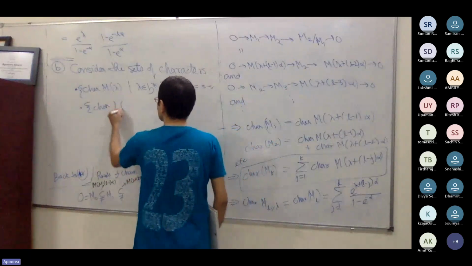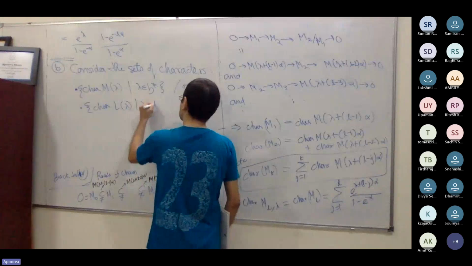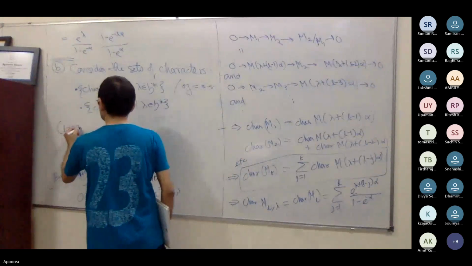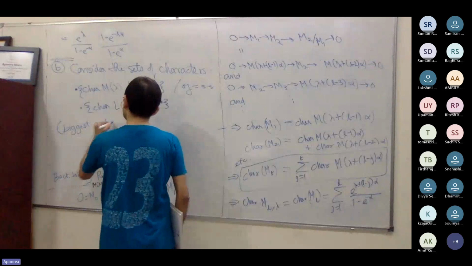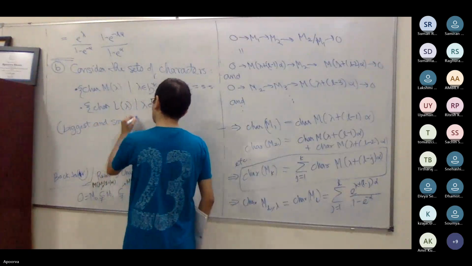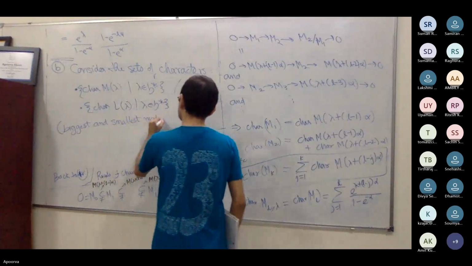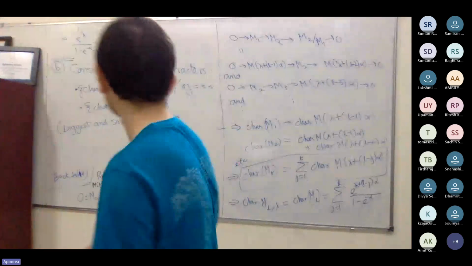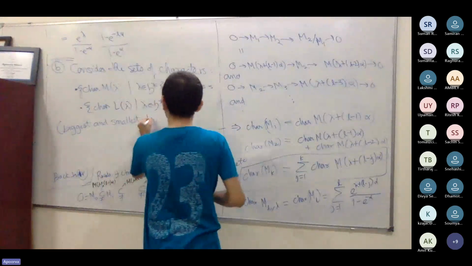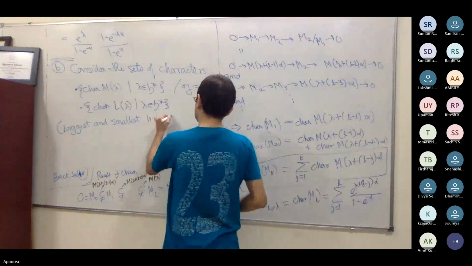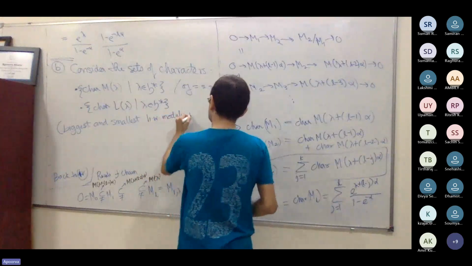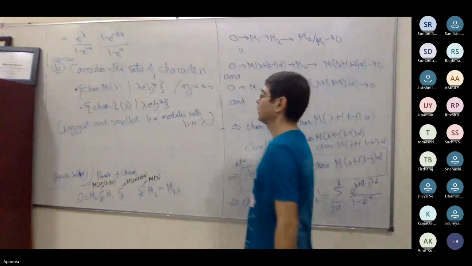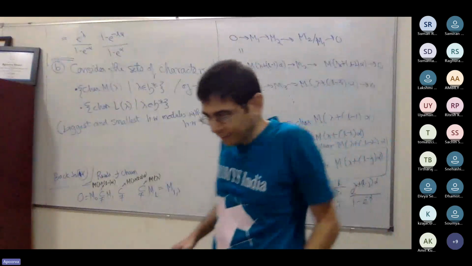So these are the biggest and smallest modules with a given highest weight, highest weight modules of highest weight lambda. So consider these two sets of characters.